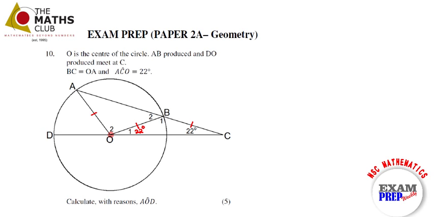What is the question asking? It says calculate with reasons the size of angle AOD. I'm just going to put a question mark where AOD is so that I remember that I'm looking for AOD. Or I could also write just at the start of my calculation, what am I supposed to do?